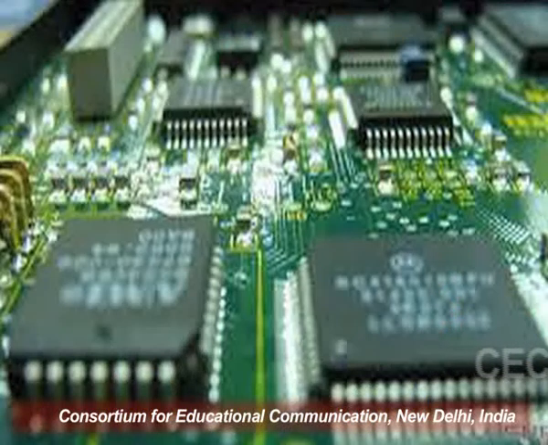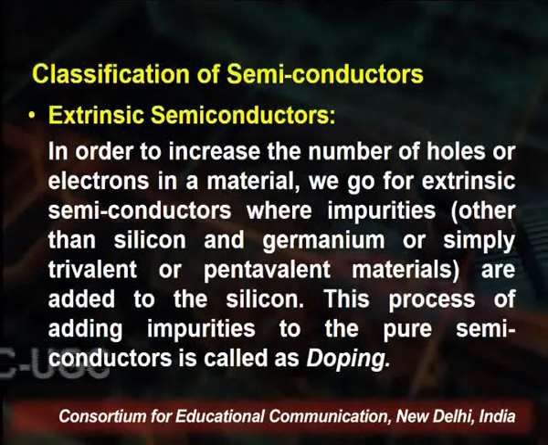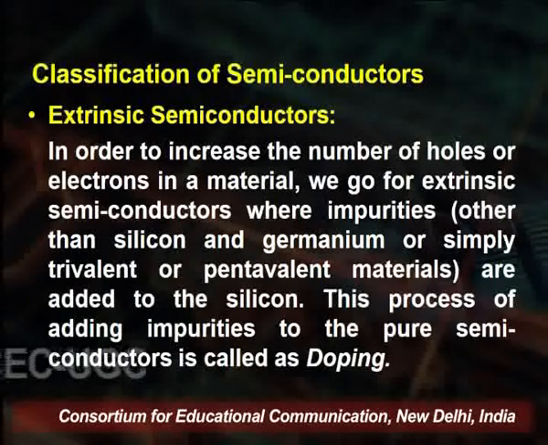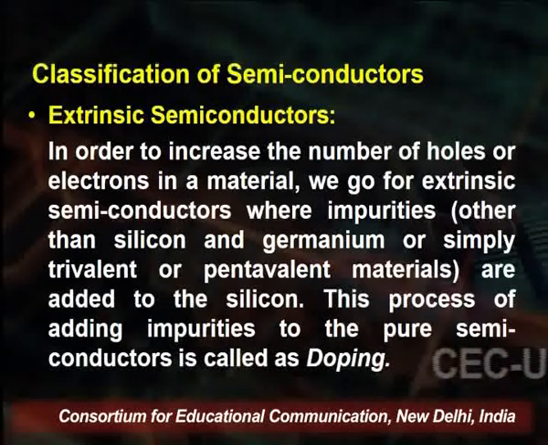Apart from this, we have another type of semiconductor, that is the extrinsic semiconductor. In order to increase the number of holes or electrons in the material, we go for the extrinsic semiconductor, where trivalent or pentavalent materials are added to the silicon or germanium, so that the number of charge carriers can increase in it.